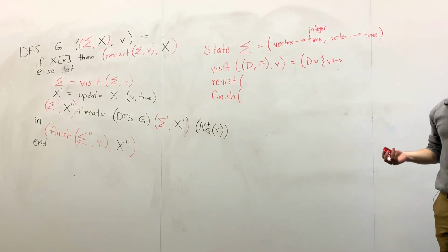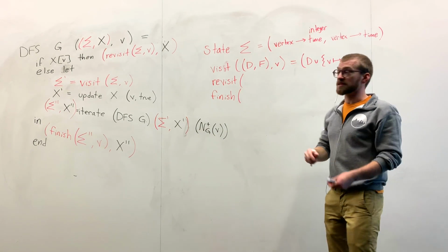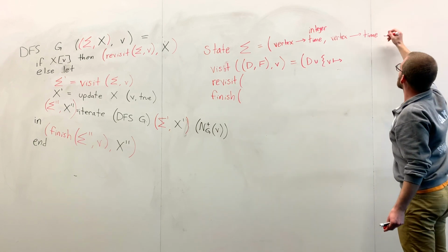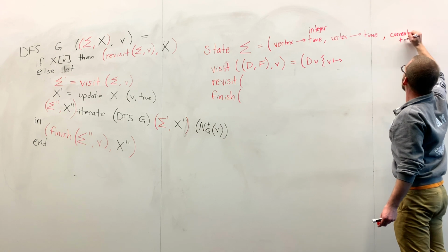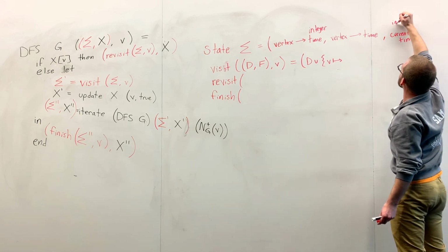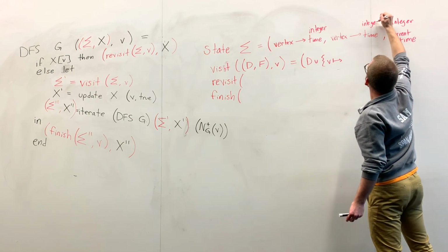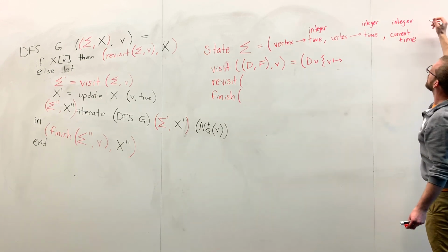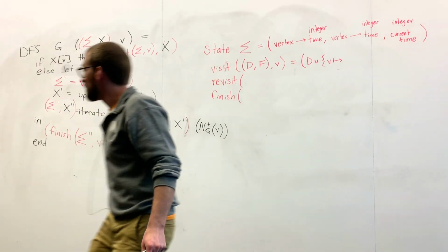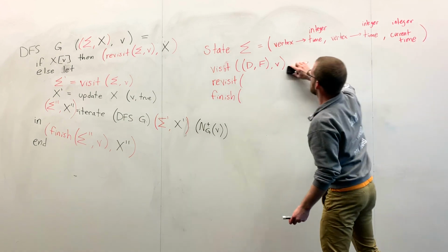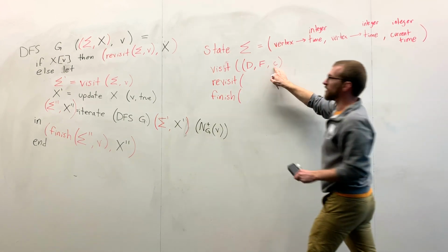We're missing something, right? What do we put here? We don't have an input to the function that tells us the current time. So we need one more piece to our puzzle, and that's going to be the current time. And this is also an integer. So we take three things as a state parameter. Let's say c for current time.